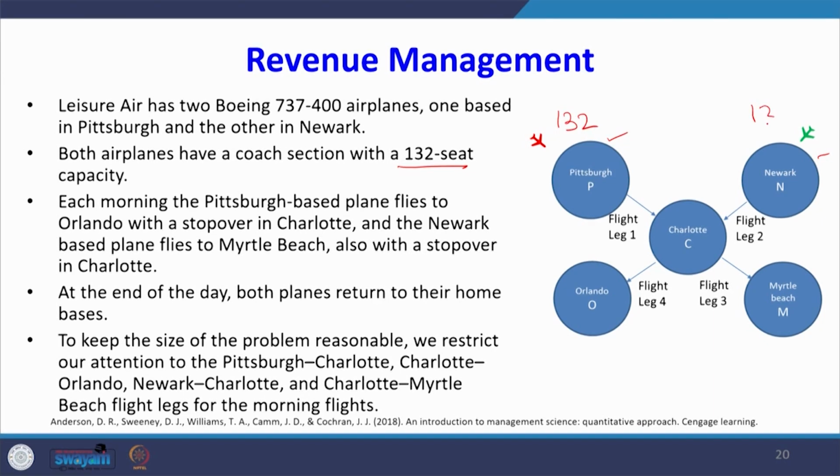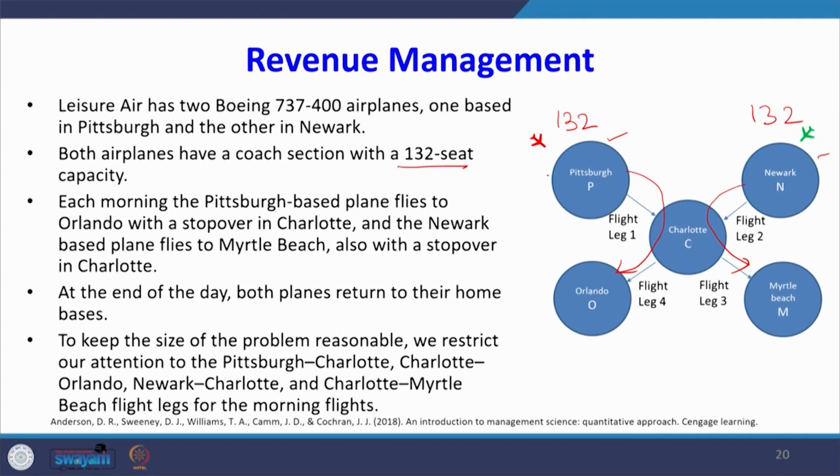Each morning the Pittsburgh-based plane flies to Orlando with a stopover in Charlotte, and the Newark-based plane flies to Myrtle Beach, also with a stopover at Charlotte. At the end of the day, both planes return to their home bases.